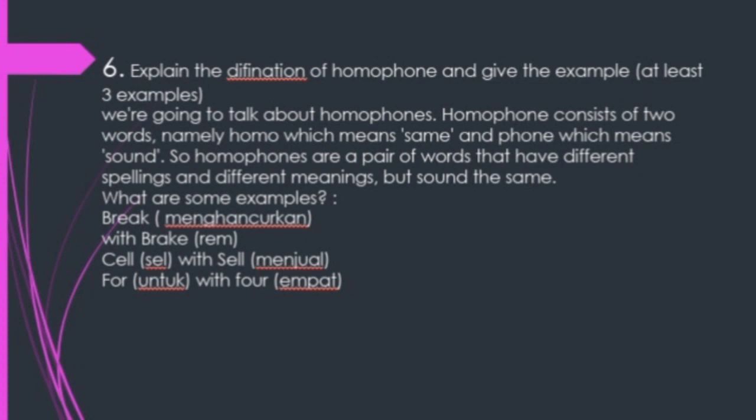Number 6. Explain the definition of homophone and give examples, at least 3 examples. We're going to talk about homophones. Homophone consists of 2 words, namely homo, which means same, and phone, which means sound. So homophones are a pair of words that have different spelling and different meanings, but sound the same.